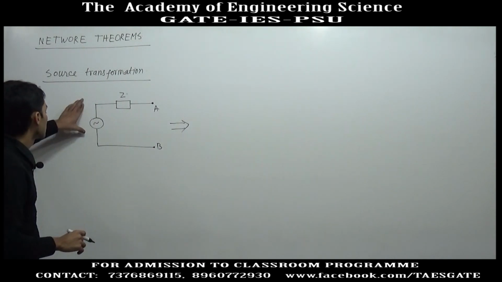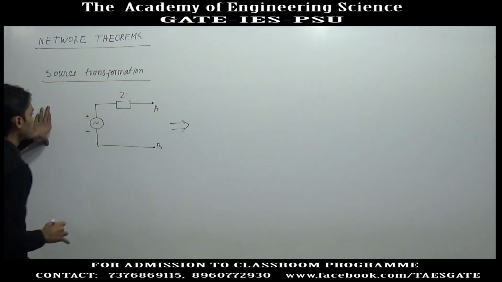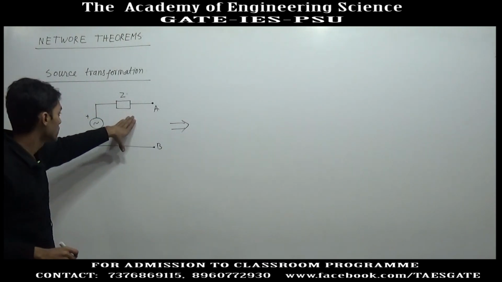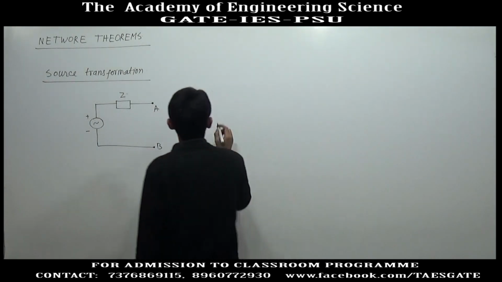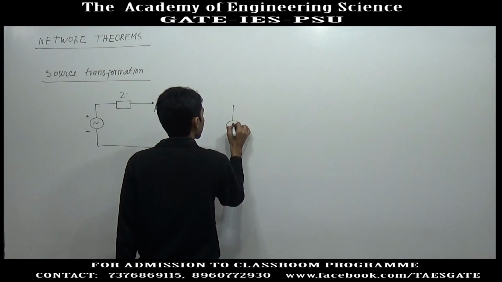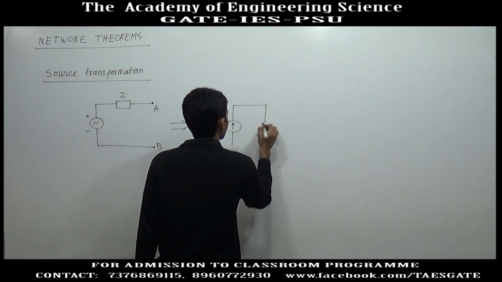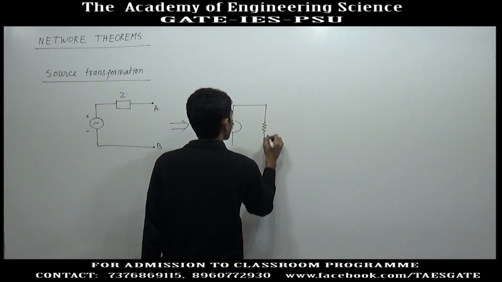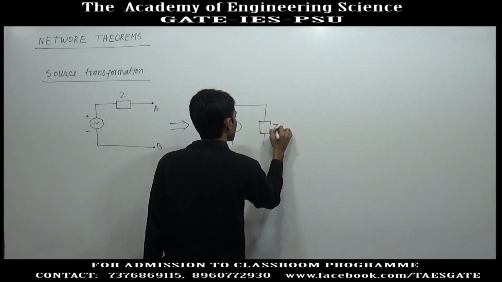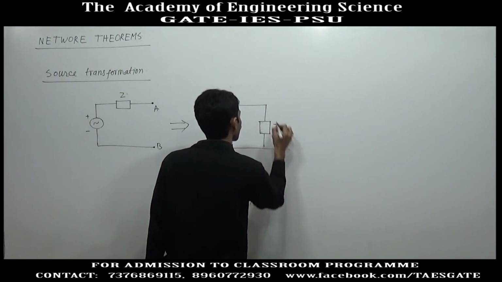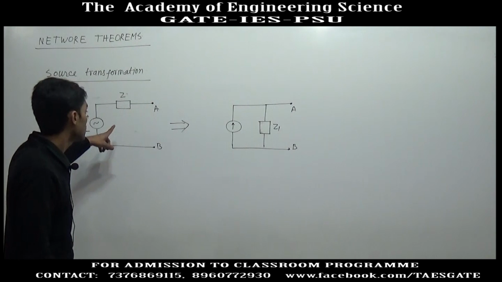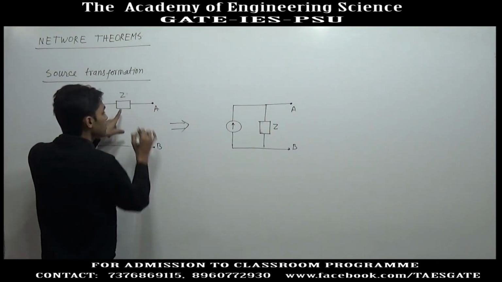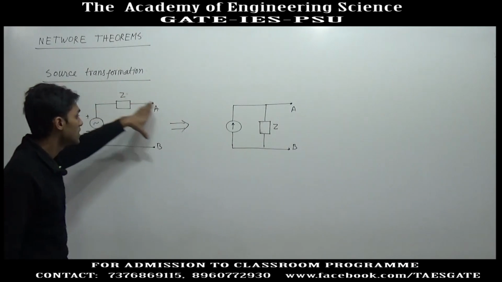In source transformation, suppose this is a voltage source and an impedance. If these two are connected in series about a terminal A and B, this can be represented as a current source in parallel with the same amount of resistance Z1 or same amount of impedance, and the point A and B. I am saying same amount of Z. I am not saying that this Z and Z are same.